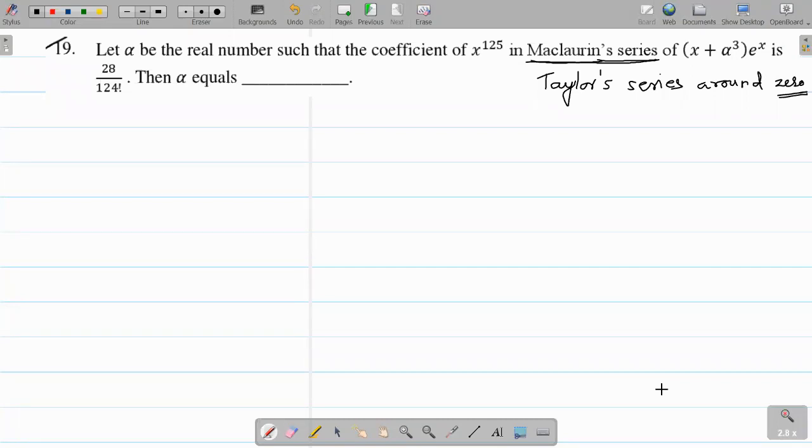So what will be the coefficient of x raised to 125?